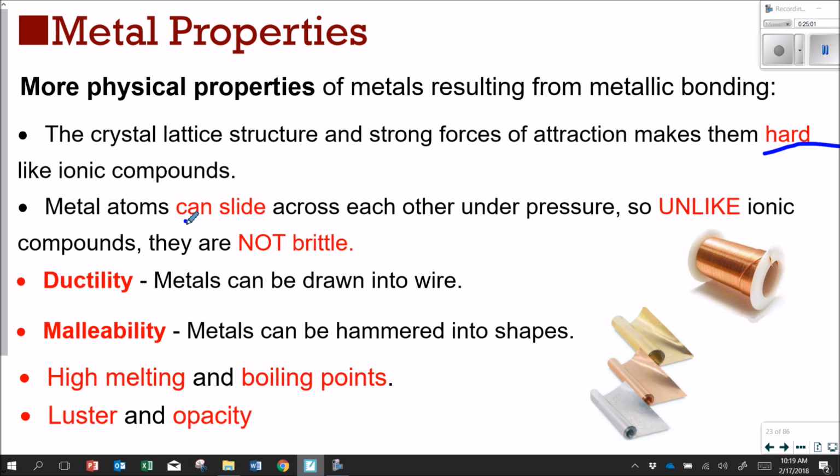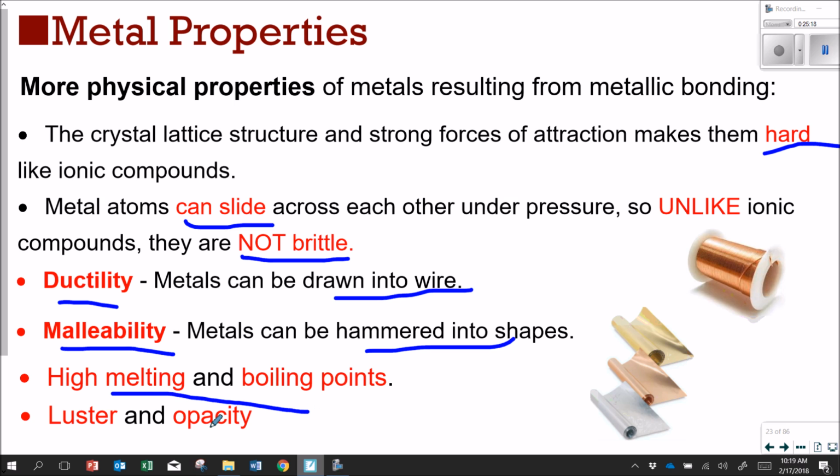But because metal atoms can slide across each other, unlike ionic compounds, they are not brittle. They do not break apart easily. Metals are ductile, which means that they can be drawn into wires. They are malleable, which means that they can be hammered into shapes. They have high melting and boiling points, and they have luster, which means they are shiny, and they are opaque, which means that you cannot see through them.